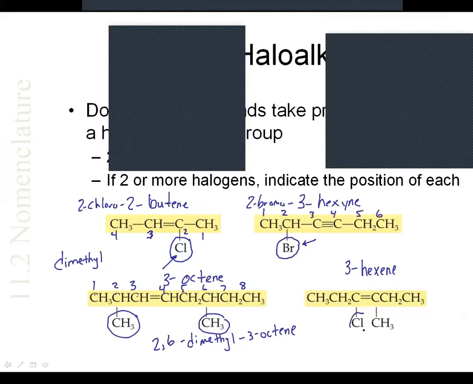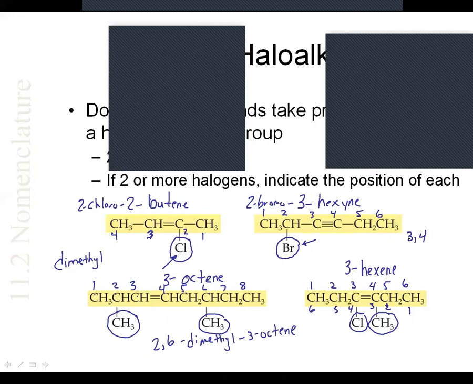We have a chloro group and we have a methyl group. If we go left to right, it is 1, 2, 3, 4, 5, 6. We go right to left, 1, 2, 3, 4, 5, and 6. In terms of the groups, they are both located at carbon 3 and carbon 4, no matter which way you go. So the question is, which way should you go?